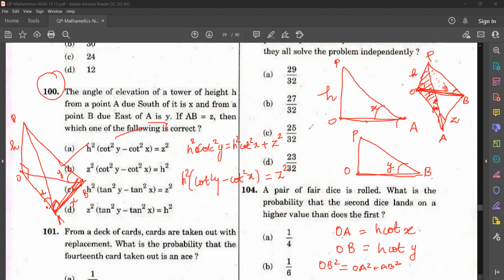Then these two separate triangles I have drawn just to make you understand the triangles coming. So totally three triangles: one is OPA, one is OPB, the other one is AOB. Once you take the simple equations for OA, OB, and AB, you will get the answer. Answer is option A.